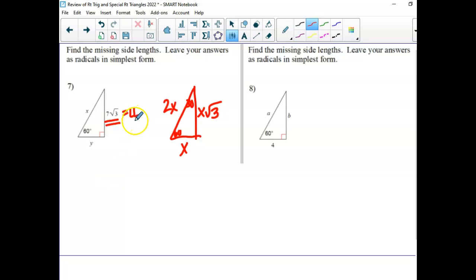So we take off the square root of 3 and we'll be left with what? A plain old 7 that belongs on the short leg down here. Yes or no? And to get from the short leg to the hypotenuse, they say we should double it. So that would make this side 14.